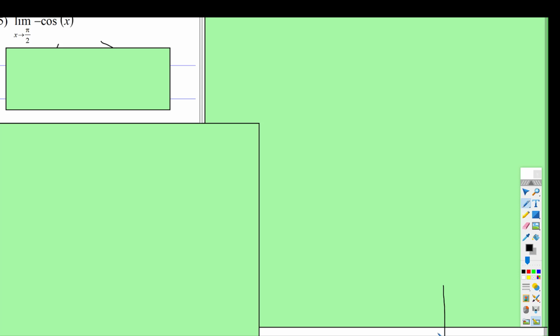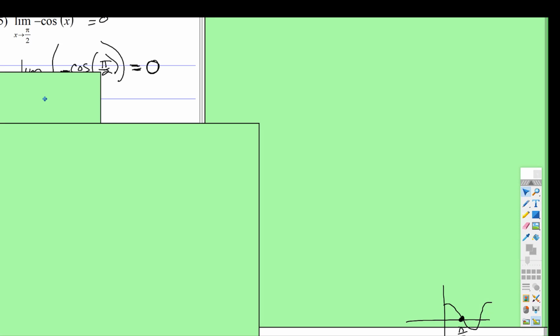Remember, the cosine graph looks like this. Right there at pi halves, that's 0. Well, what's the opposite of 0? 0. So the work that you would do is just that.